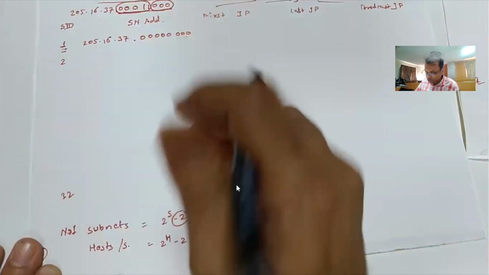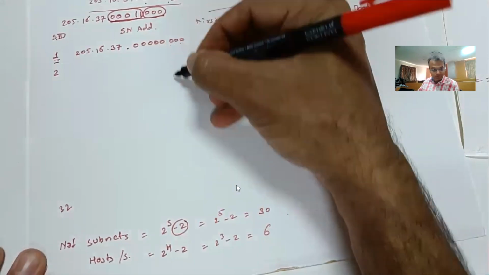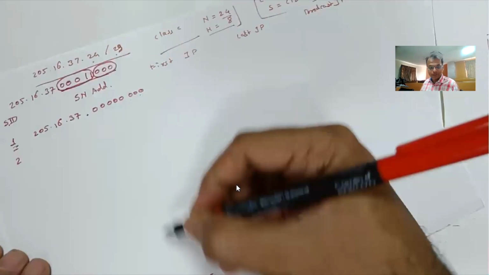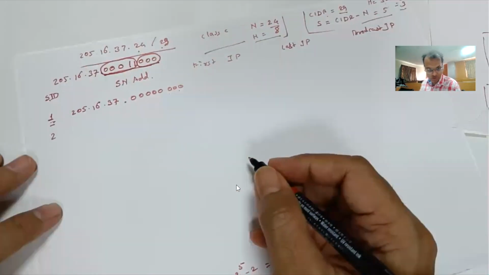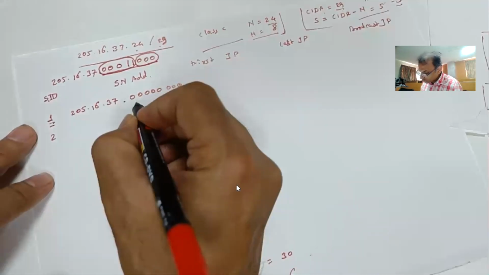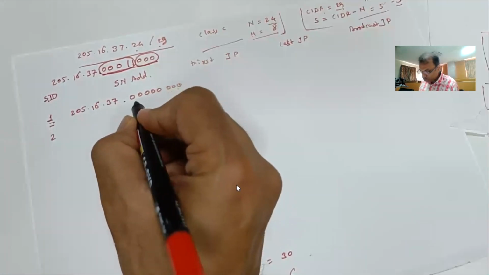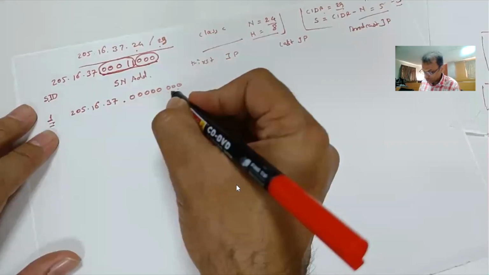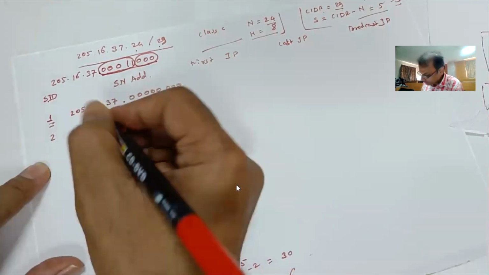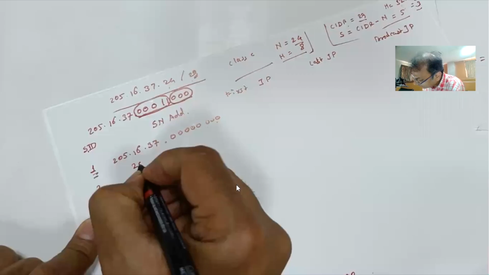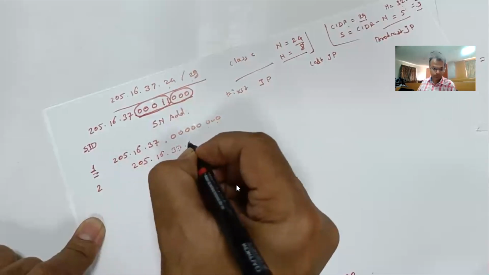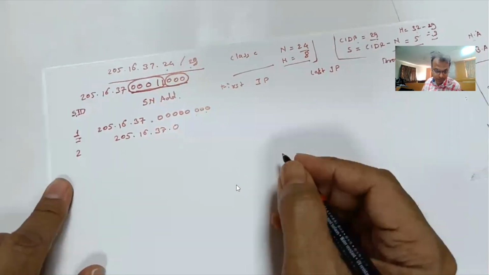So let us try to jot down all the IP addresses here, and then we'll remove these. Let us start with the first one. So this is a possible value, all zeros, right? So in this case, my IP address will become 205.16.37.0. Is it correct?